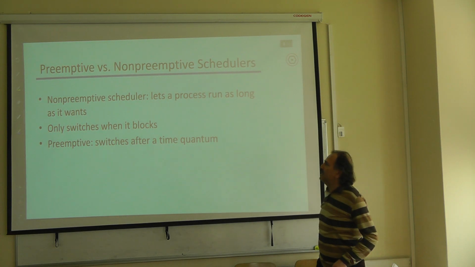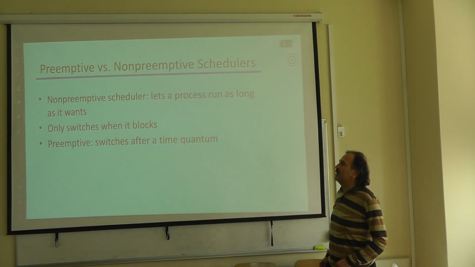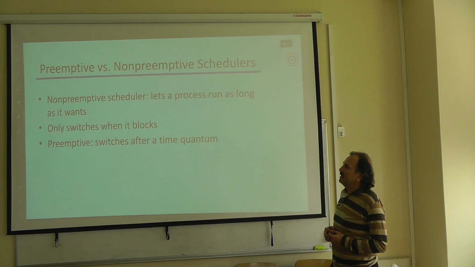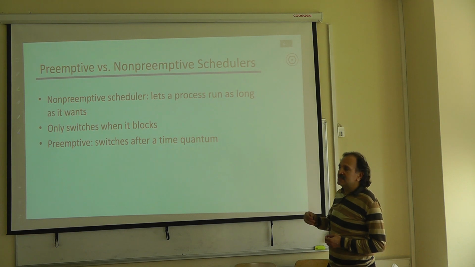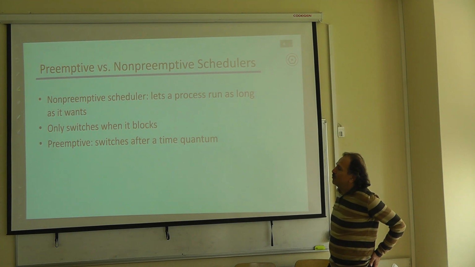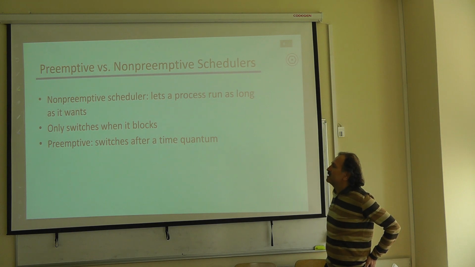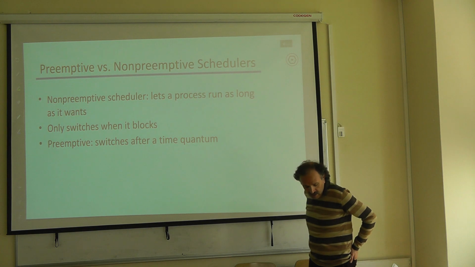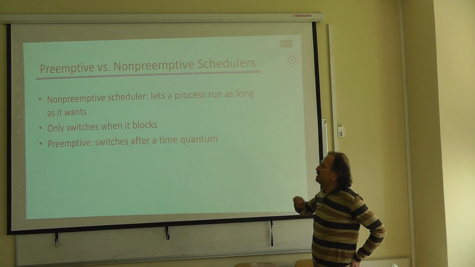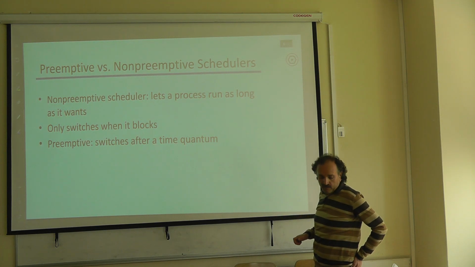We talked about those, and I will go faster now because I already talked about them. One important thing in the scheduling algorithm is preemptive versus non-preemptive algorithms. Preemption means that even though the process can still continue using the CPU, it is not blocked, the operating system might decide that it used too much CPU time and preempts the CPU and lets another process use it. It switches after a time quantum.